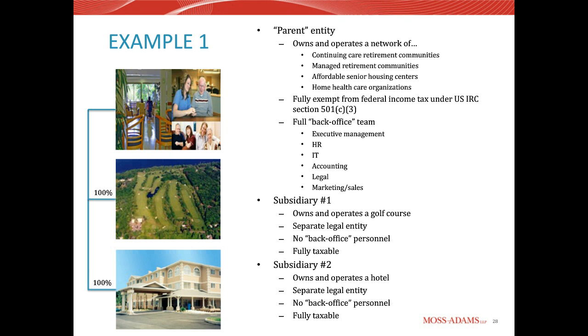So it sets up yet another subsidiary to own that hotel. Although both the golf course and hotel make the nearby communities more attractive to potential retirees, they don't specifically relate to the organization's exempt purpose, so they're both fully taxable.